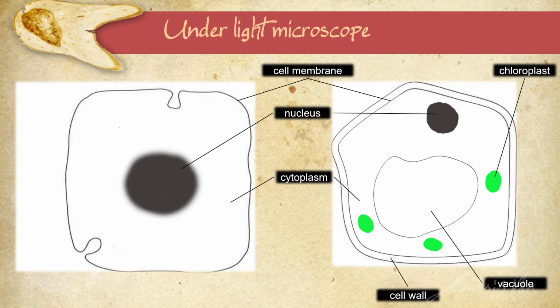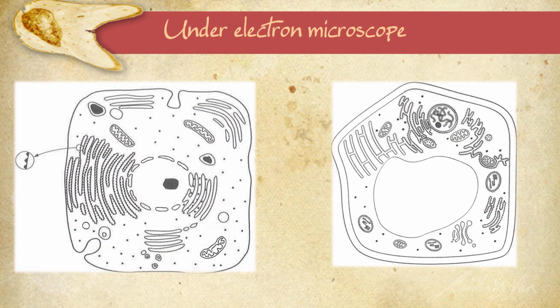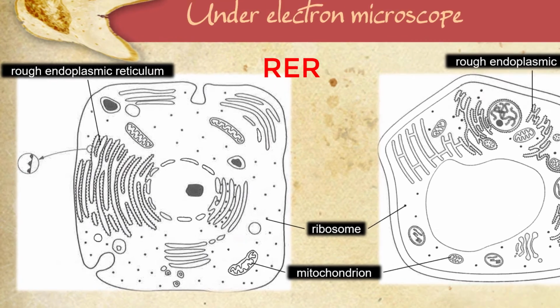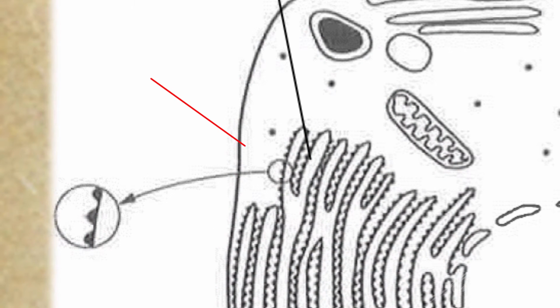When you switch to an electron microscope, what you can observe is a lot more. Under an electron microscope, you can see organelles known as mitochondria, ribosomes, rough endoplasmic reticulum, which we can shorten to RER. You might notice some black dots on the rough endoplasmic reticulum.